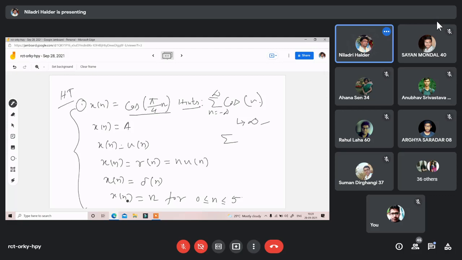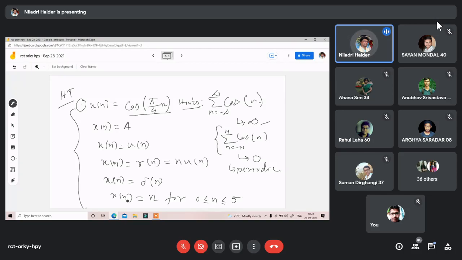then that value will be 0. The reason is that for a finite range, the sequence you are getting is a periodic sequence. Cosine functions give a periodic sequence.